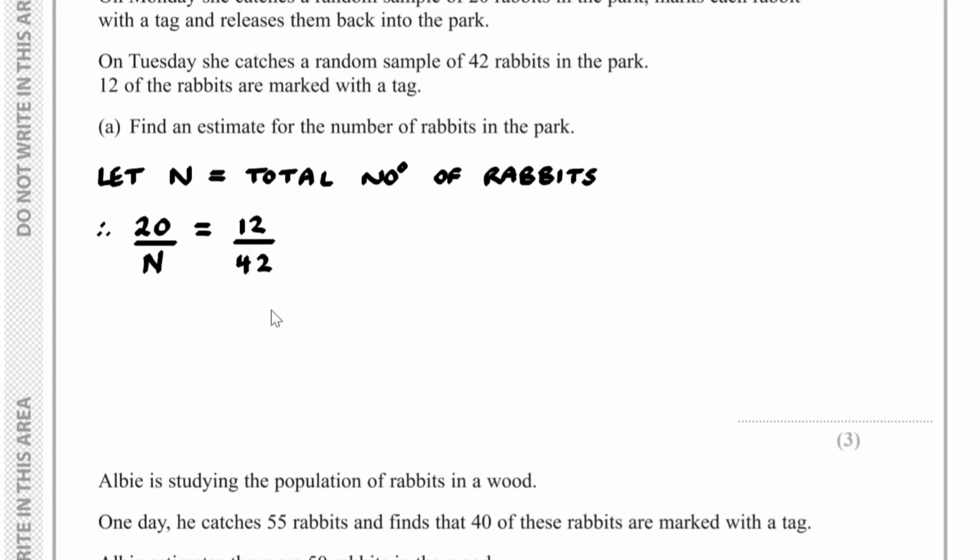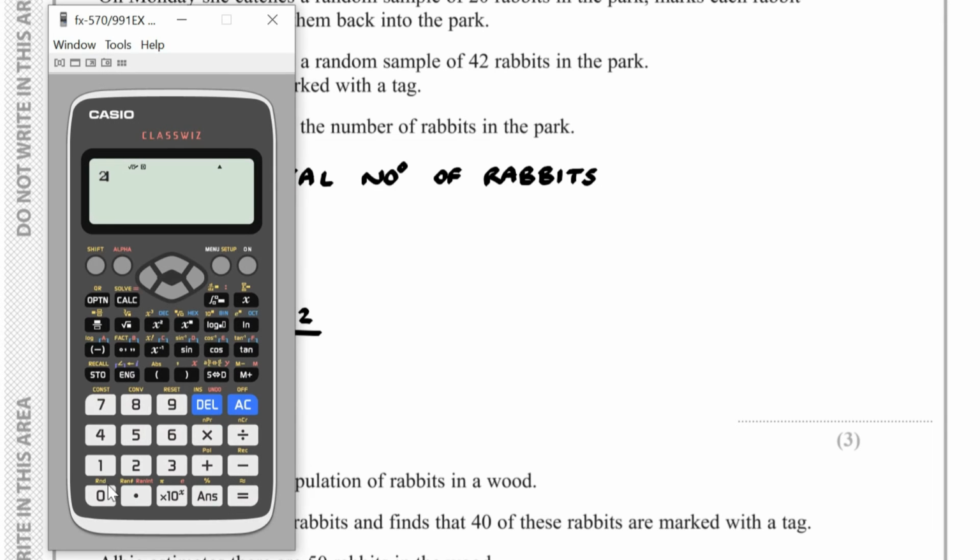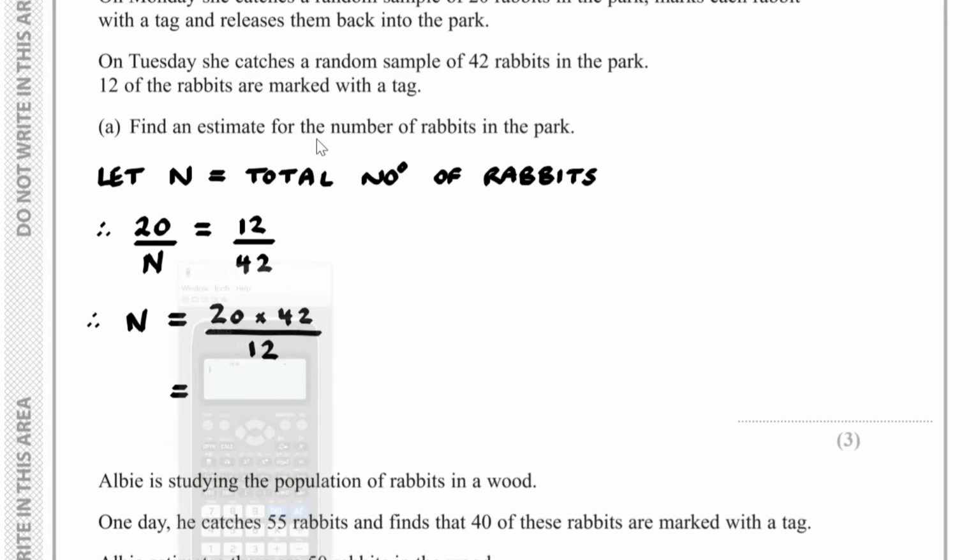So we need to find out what n is. So to find out what n is, that's equal to 20 times by 42 over 12. And if we work this out, we've got 20 times by 42, divide that by 12, we get 70. So we have 70.